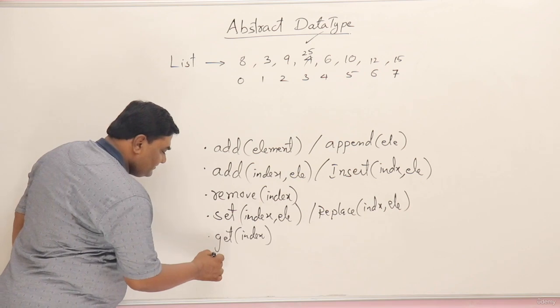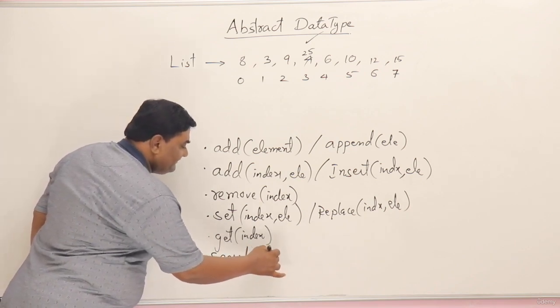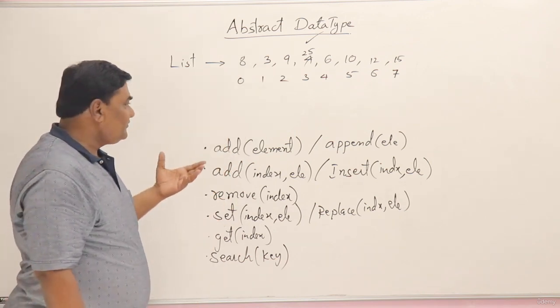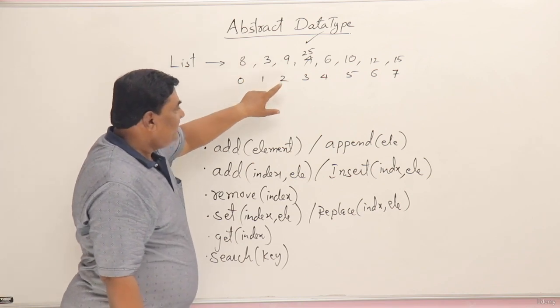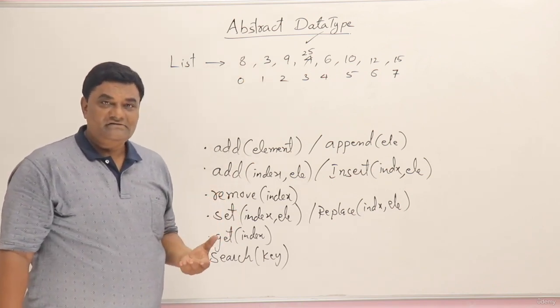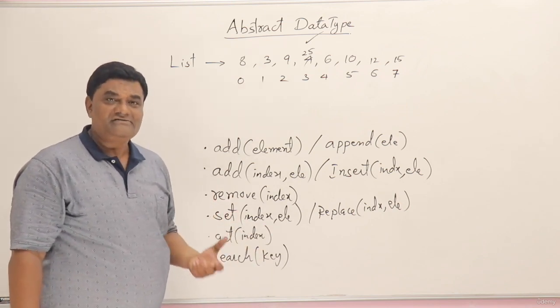Then search for any given key. So searching for an element in a list. Like I want to search for the element 9. So yes, it is found here at index 2. The result of search is that we get the index. We know the element 9, we want to search for it, so we should know where it is in the list.